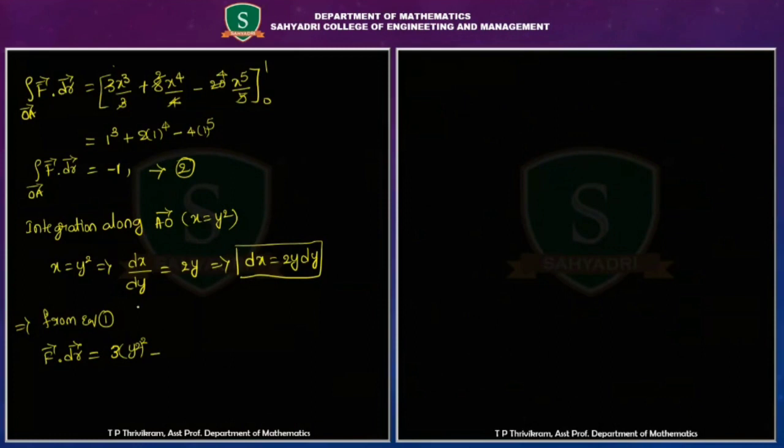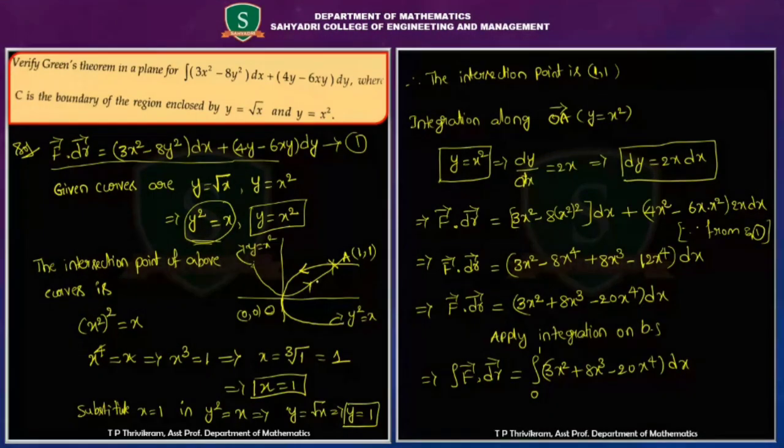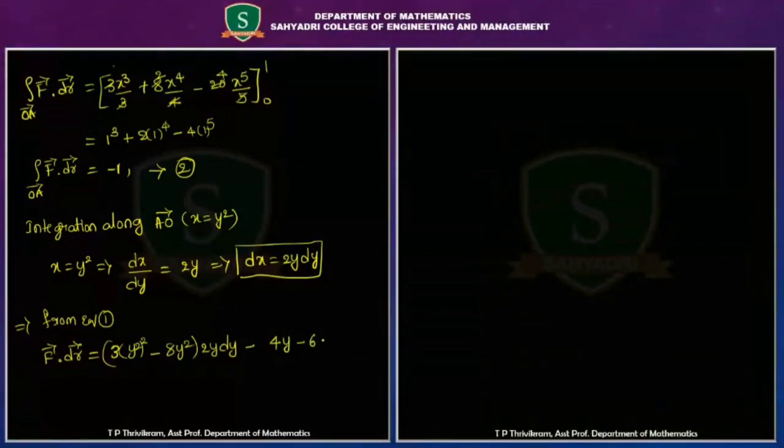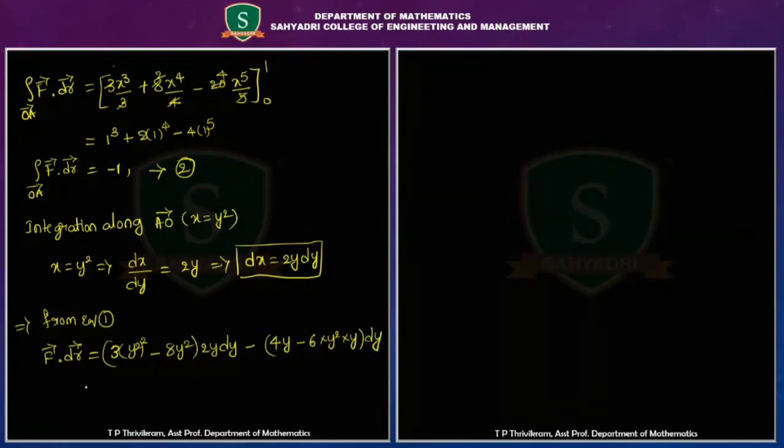So 3x square means 3y square whole square, next minus 8y square into dx value. Dx value is 2y dy, minus 4y minus 6xy. 4y minus 6 into y square into y into dy. Okay, so just simplify this. How much will you get? 3y power 4 minus 8.